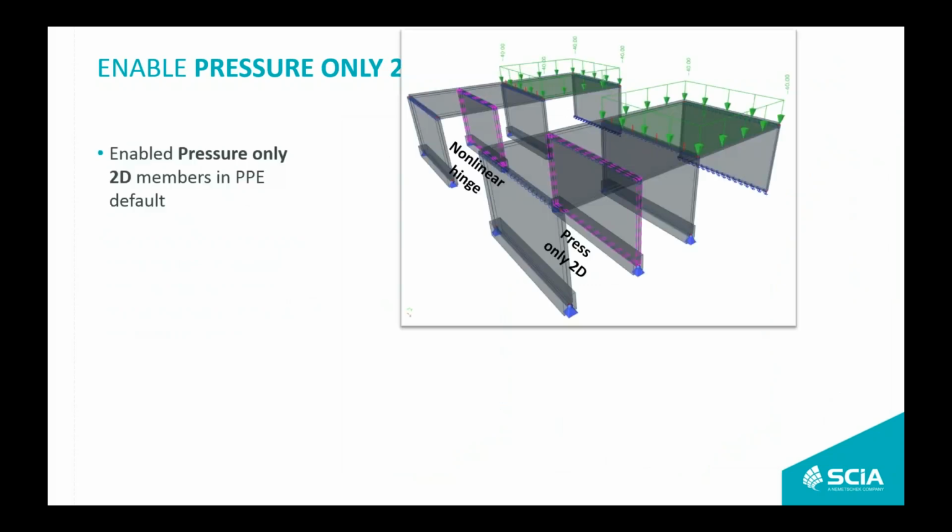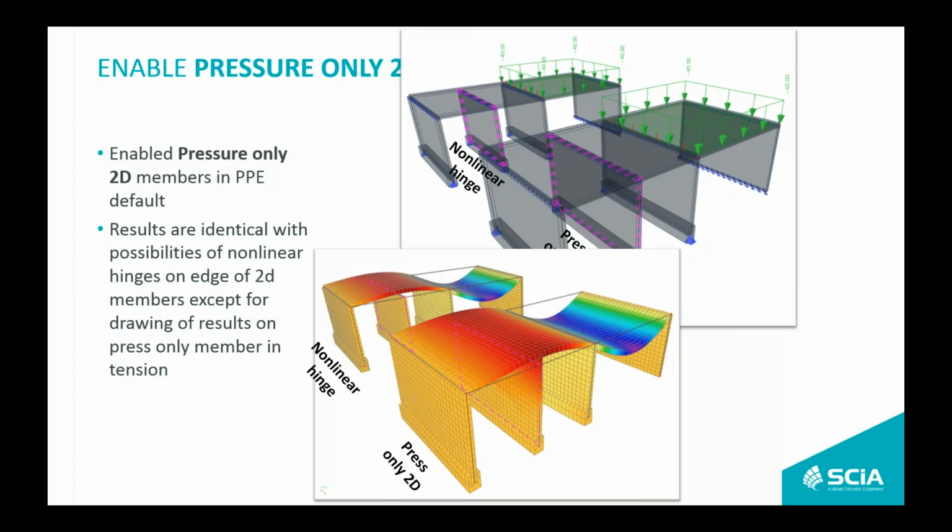What we further enabled in the post-processing environment by default are pressure-only 2D elements. Those are special nonlinear elements with compression-only nonlinearity, and here you can see the comparison between the results of two very similar structures.